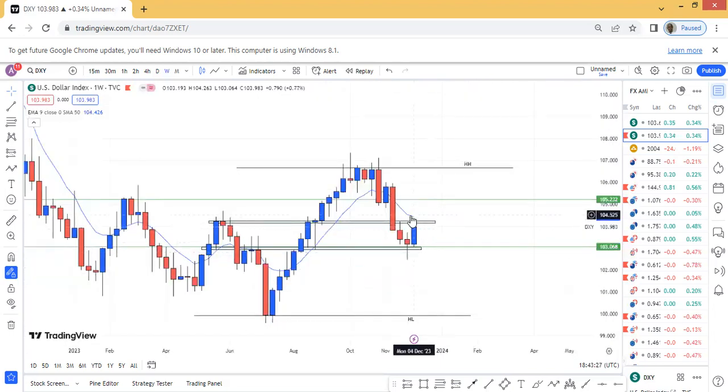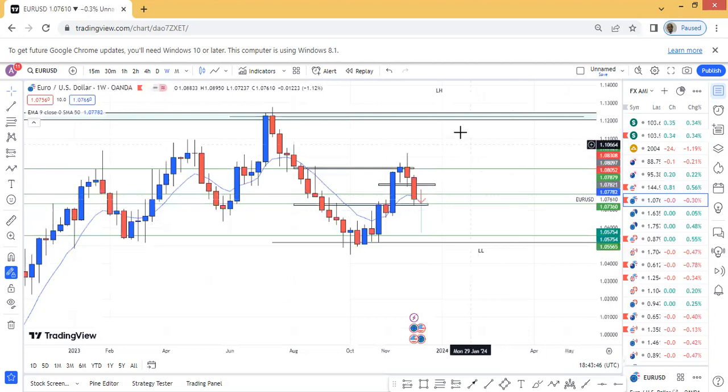So once we break this zone, I'm seeing price going all up to the high level and probably even forming a new high. So that is that by way of me analyzing EU for the week.